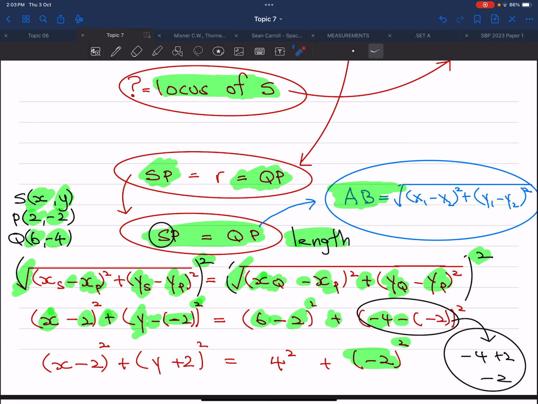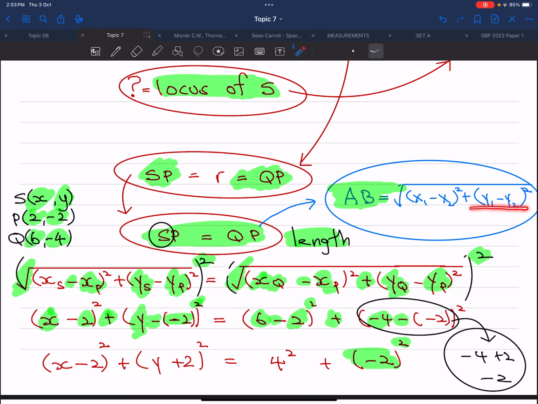Now this SP and QP radius is length. Therefore, I will use the formula for length. The length AB is square root of x1 minus x2 bracket square plus y1 minus y2 bracket square.